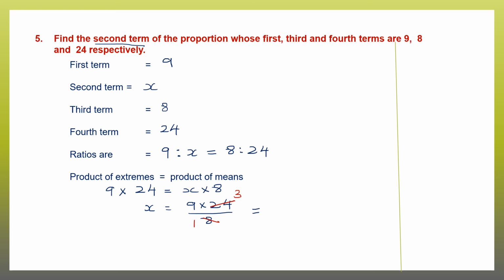Nothing more to cancel. Let's multiply our numerators. 9 3s are 27, denominator is 1, 27 by 1 is 27. So we have found the second term. We have been asked to find the second term, and we said second term is x, and we just found x. Second term is 27.